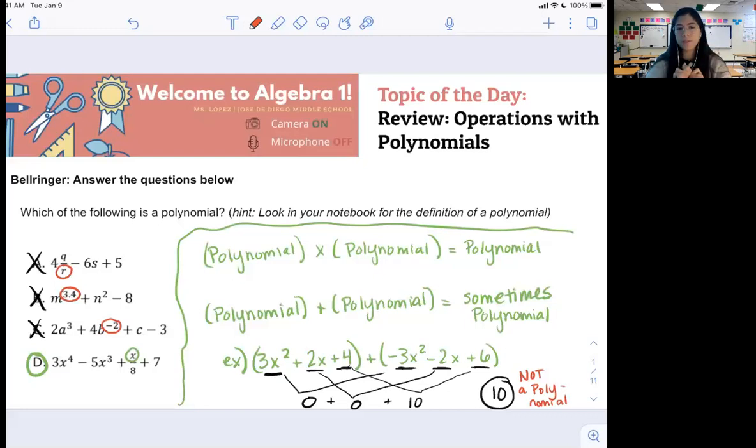When you add two polynomials, you sometimes get a polynomial. 99% of the time, you will get a polynomial. But every so often, they might cancel each other out, and then you don't get a polynomial. So you just always have to check. Any questions on everything we covered in this little intro?